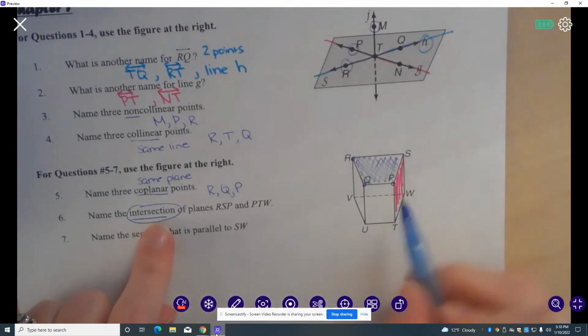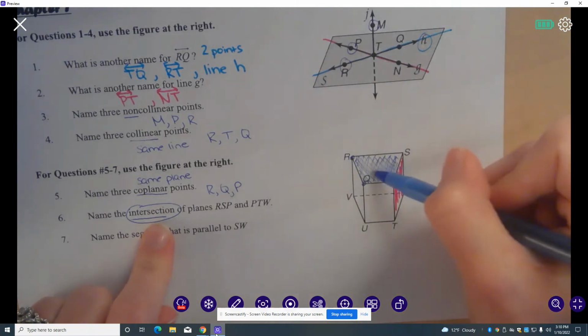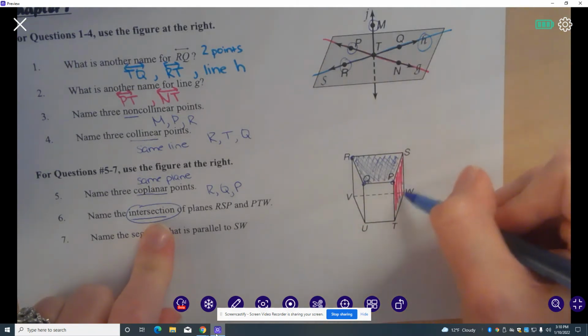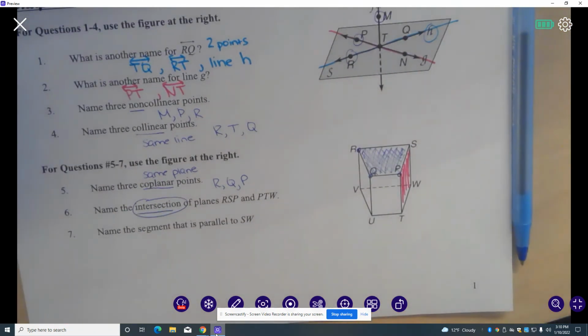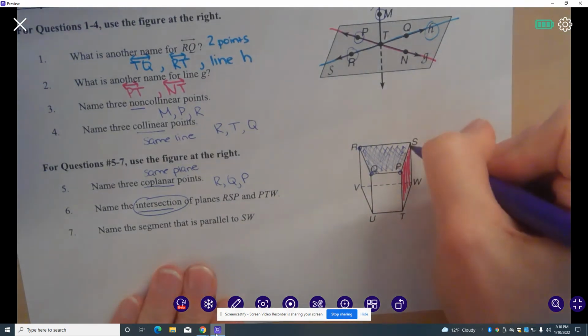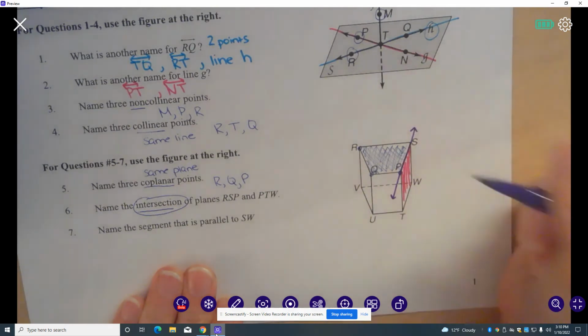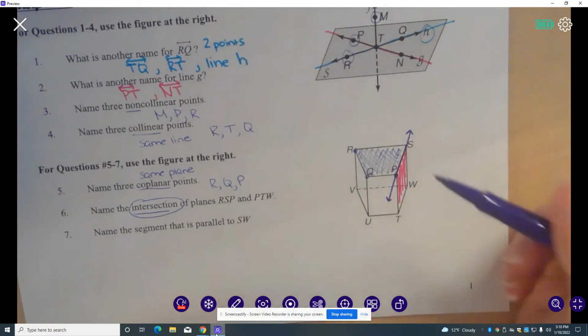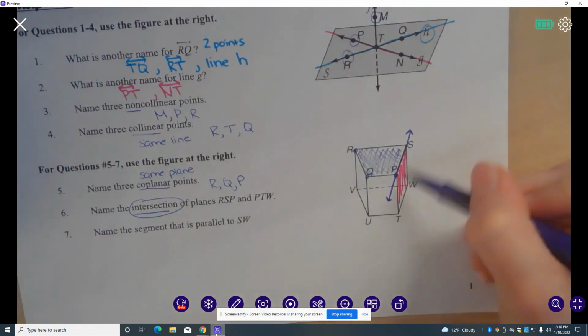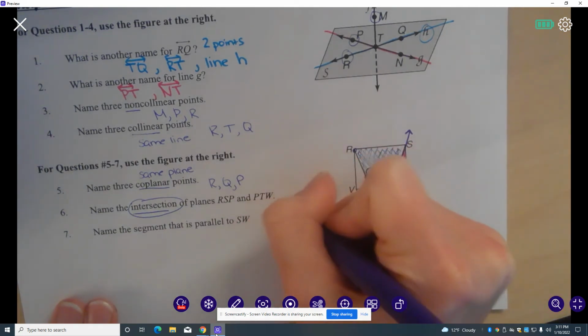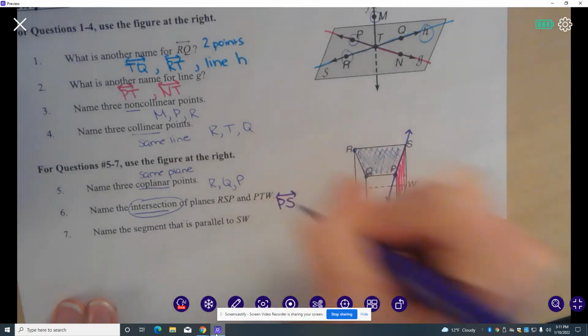So if I'm looking at the top of the box, this blue shaded section, and then the side, this pink shaded section, they touch along this edge of the box, that line there. So this purple line is the intersection. And so I'm going to name this line PS.